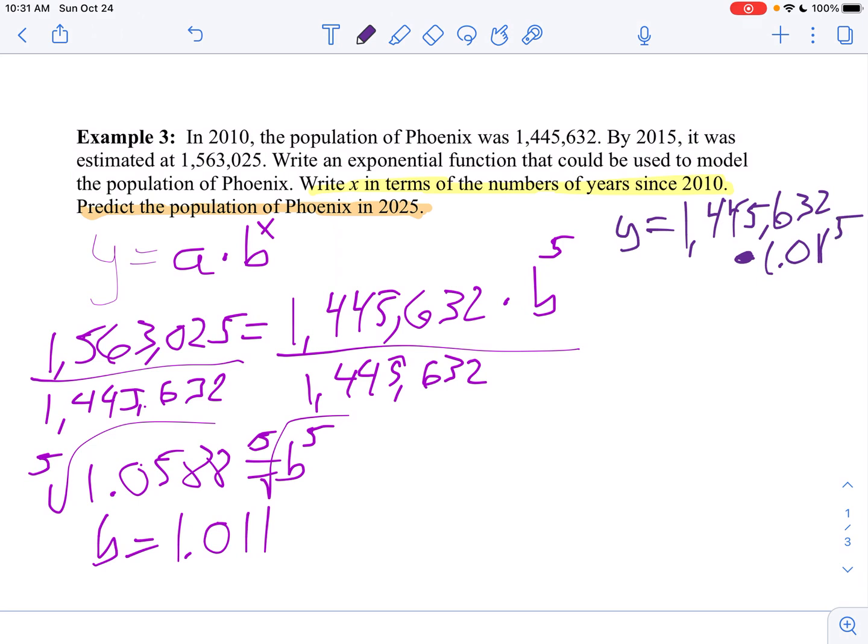Now to find my answer for the second question, predict the population in 2025. Well, how many years is it from 2010 to 2025? Well, that'll be 15 years. So I'm going to take 1,445,632 times 1.011 raised to the 15th power.